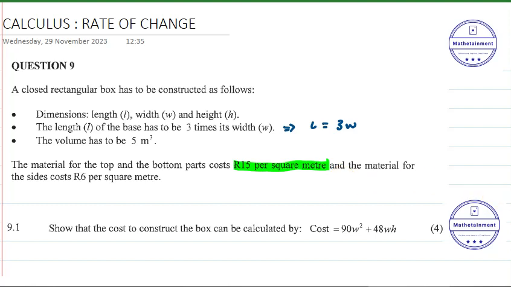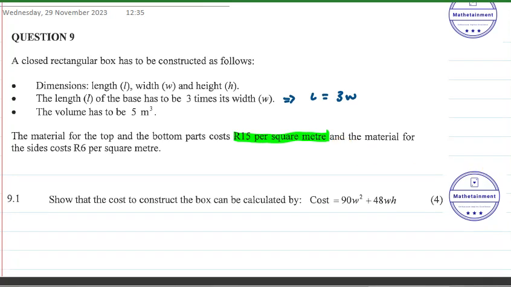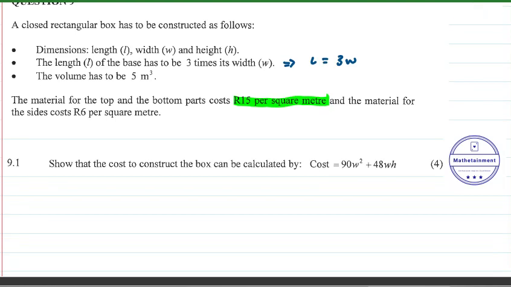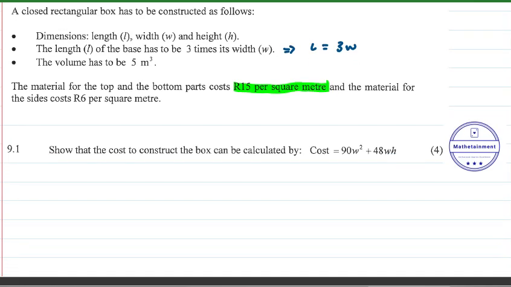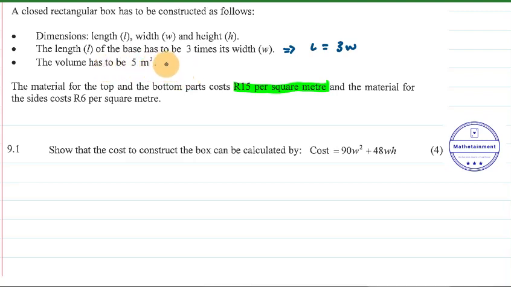Here is the question that we are faced with today. Bear in mind that the volume is 5 cubic meters. What is the volume of a rectangular box? The volume of a rectangular box is denoted by length times width times height.